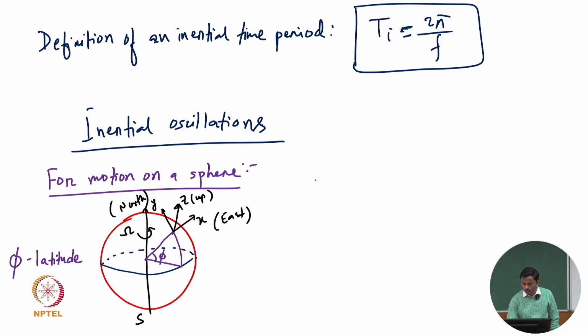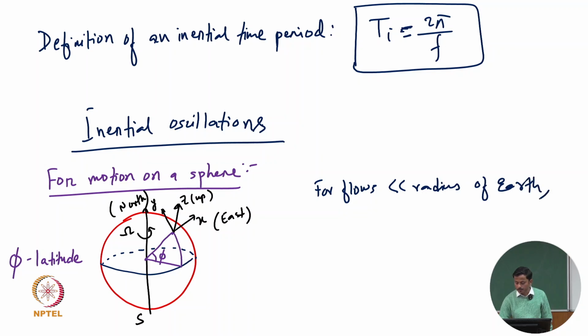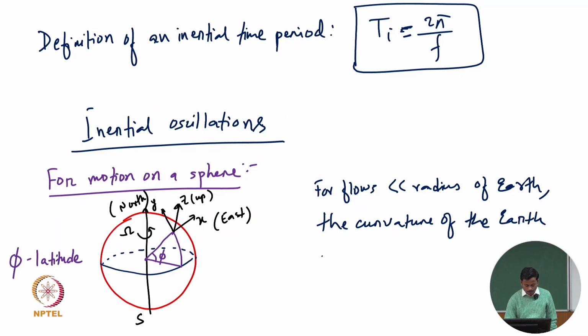So for flows much smaller than the radius of the Earth, the curvature of the Earth is not important, and we'll be dealing with such flows only because we have a Cartesian coordinate system.